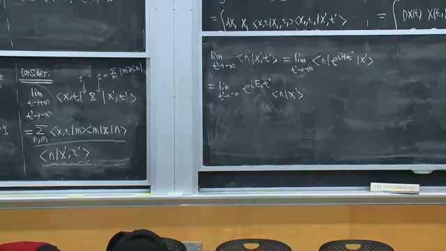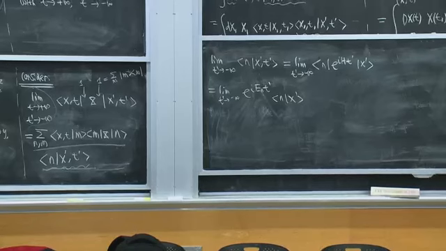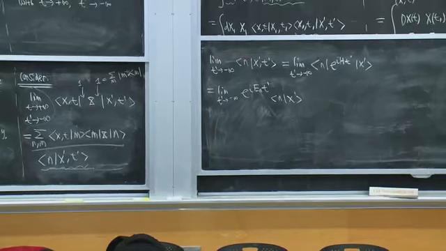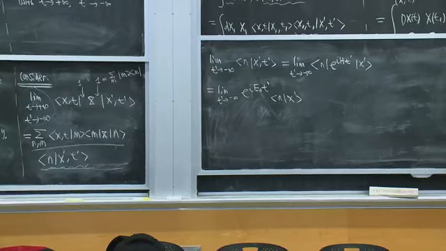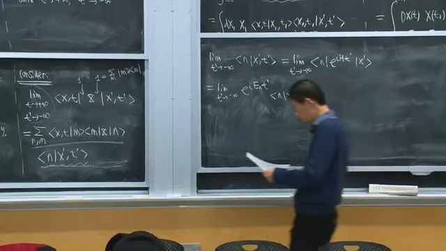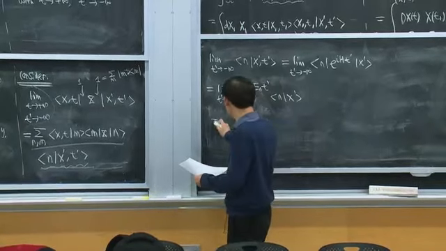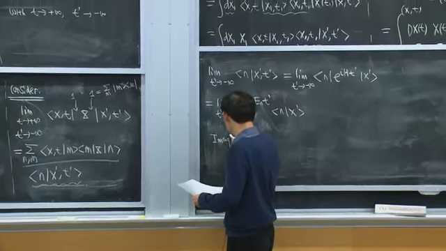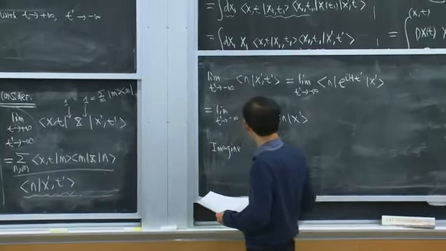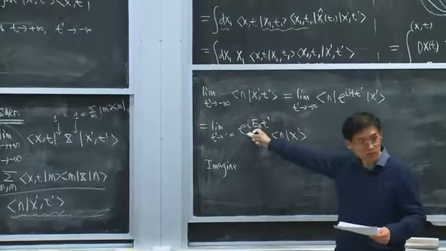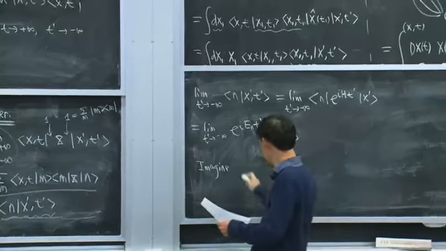So now we will try to select the ground state. And we do that by doing the following. Imagine giving En a small imaginary part.